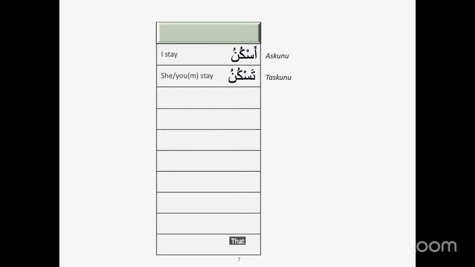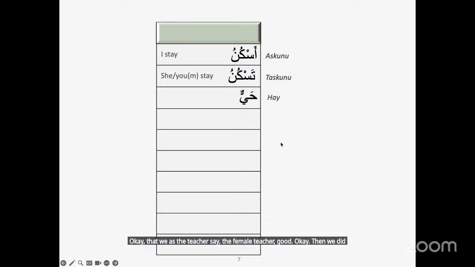And indicate whether it is male or female, which is now going to become important to specify. Okay, where does the teacher stay? The female teacher. Good.